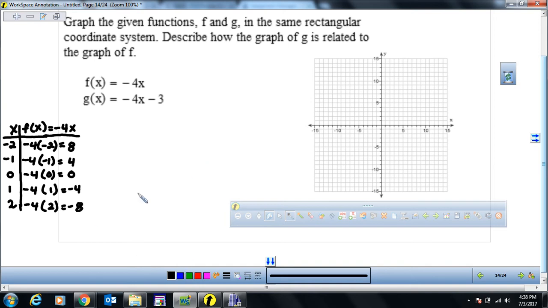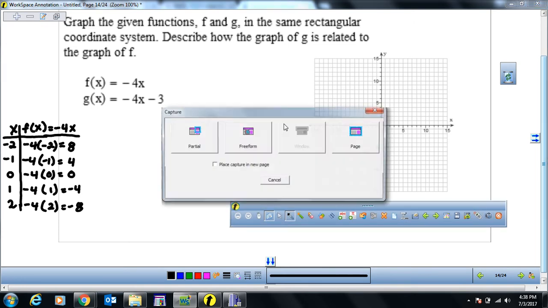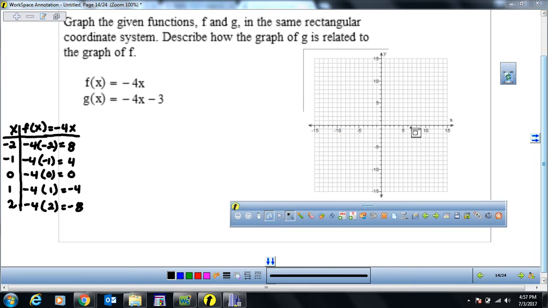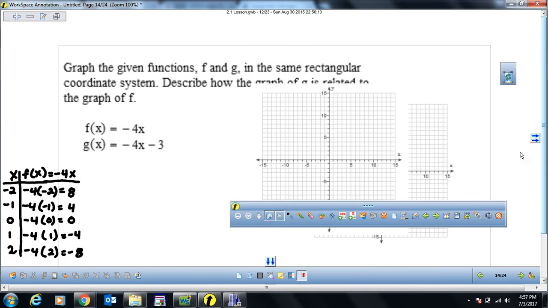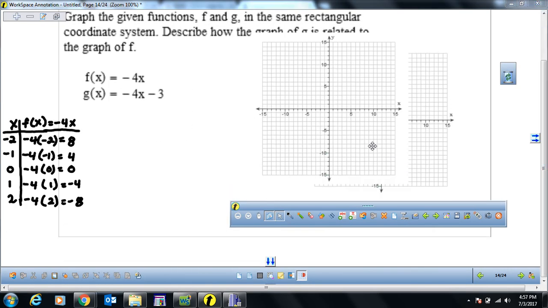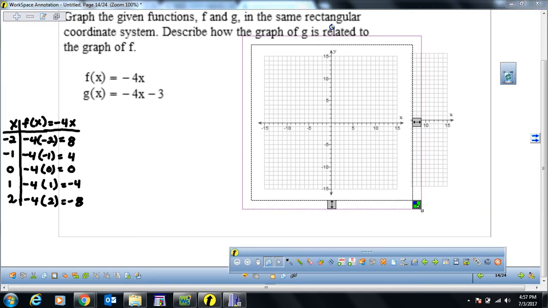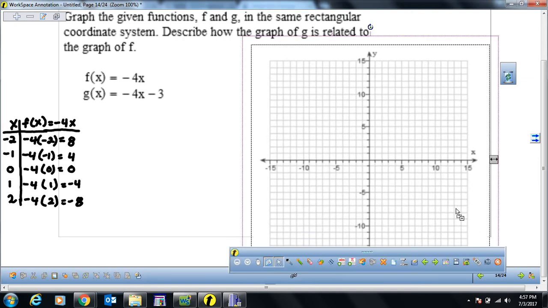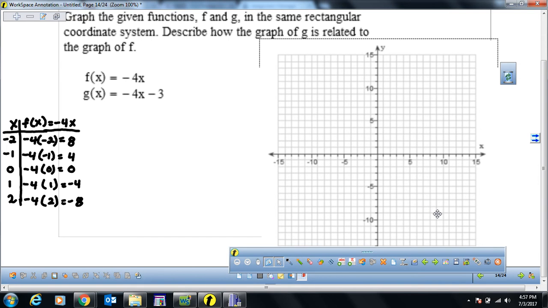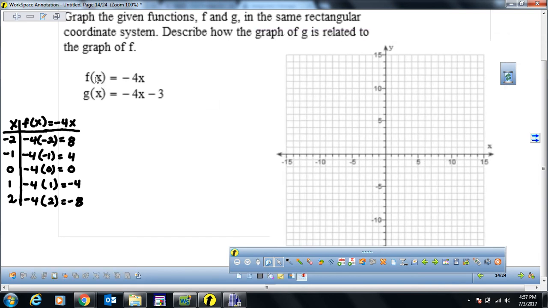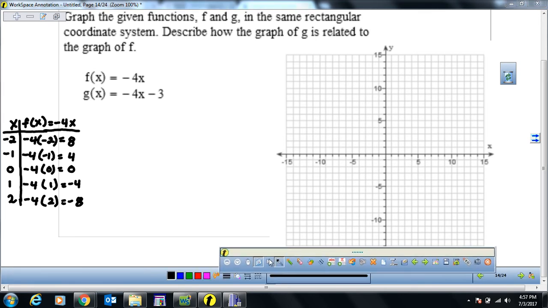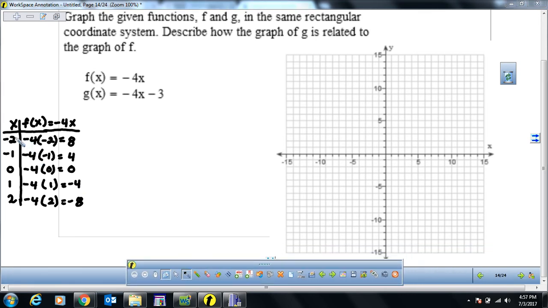Okay, so let's go ahead and graph this equation or this function. Now, what makes it a function based on the definition? Why is it that we say automatically that this one is a function? Well, first of all, because they already put it in the notation of f of x. That means that it is a function. But not only that, we can also say that it is a function because by creating a table, what do you notice?